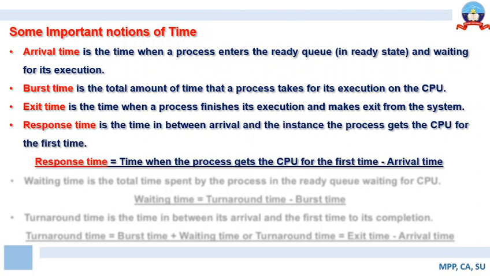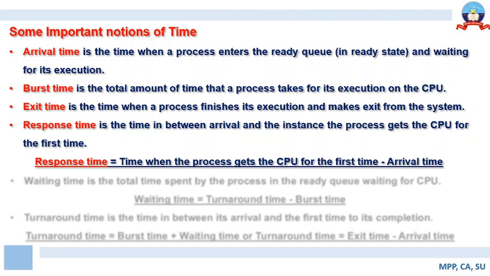Now, the next important timestamp is called the response time. The response time is the time in between arrival and the instance the process gets the CPU for the first time.